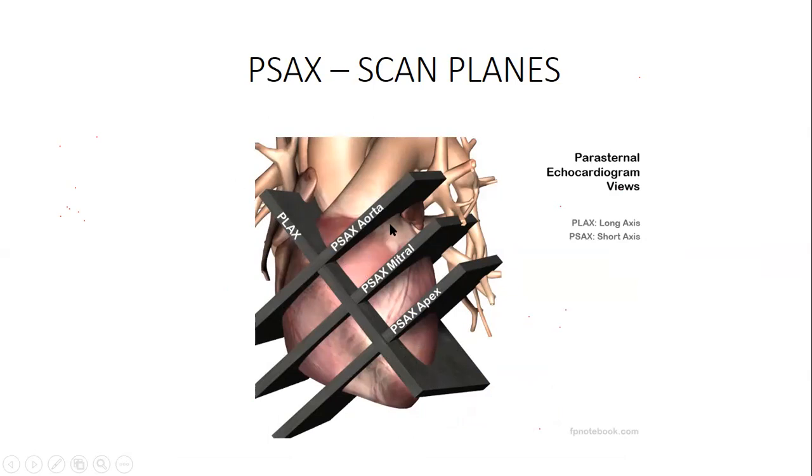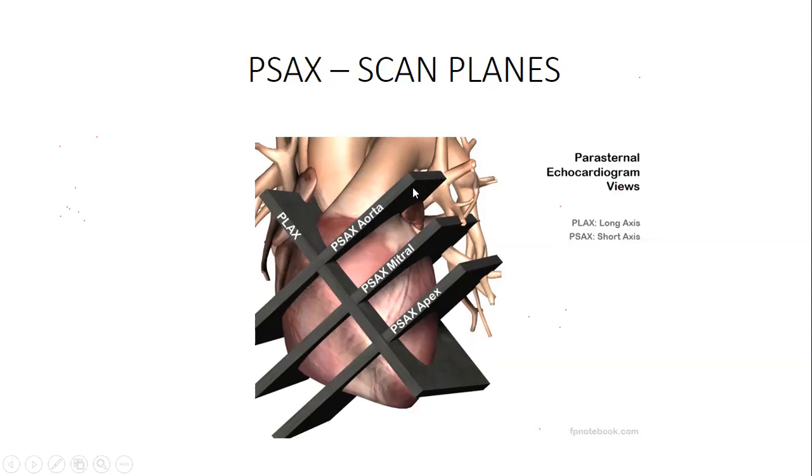And when you turn your probe, it's unfortunate, practical, I can't show you, but just maintain this. When you come into the parasternal short axis, you are going to cut the heart in short section at the parasternal short axis aortic level.